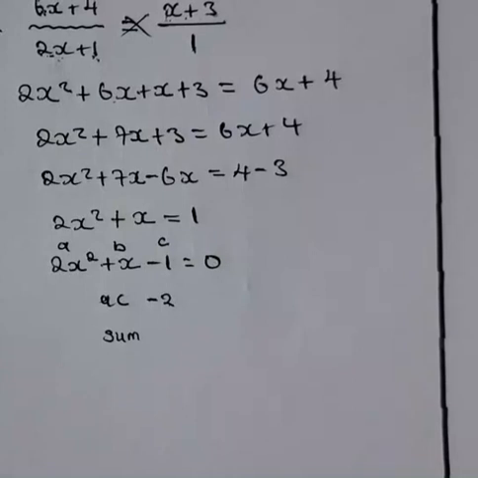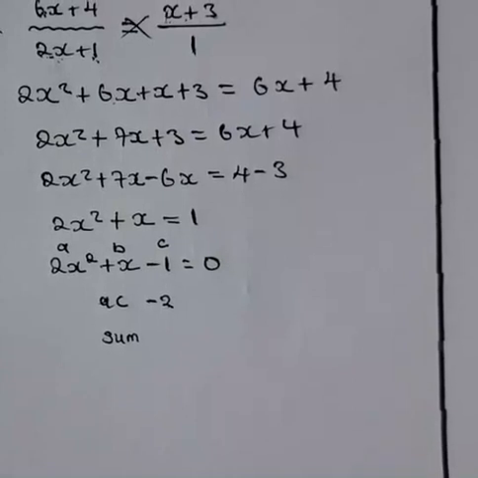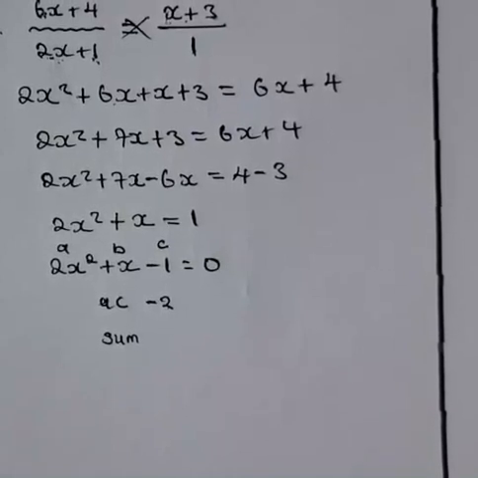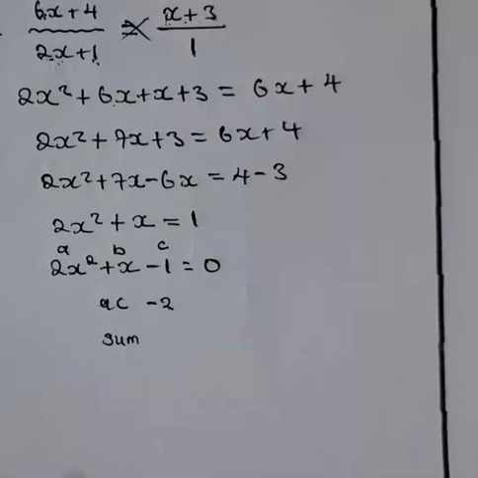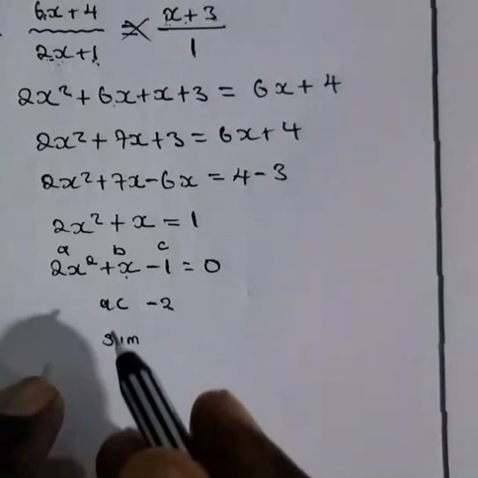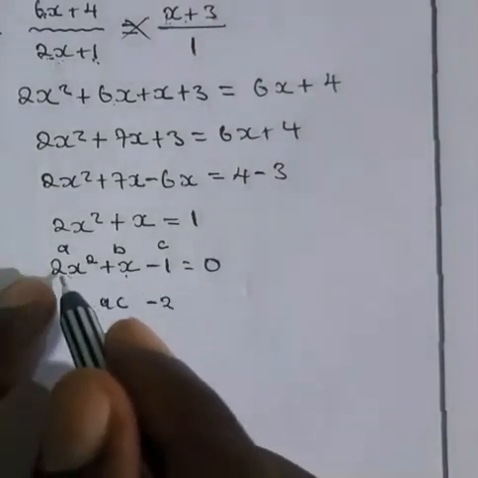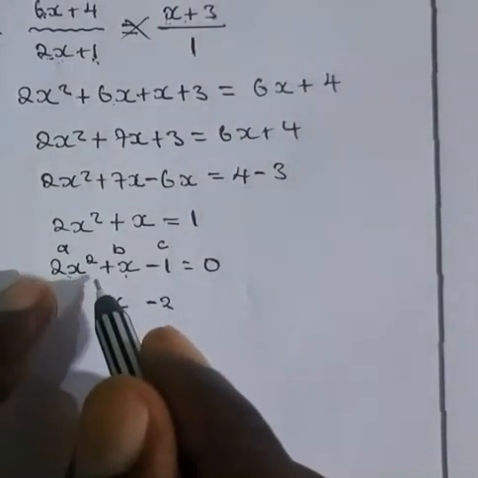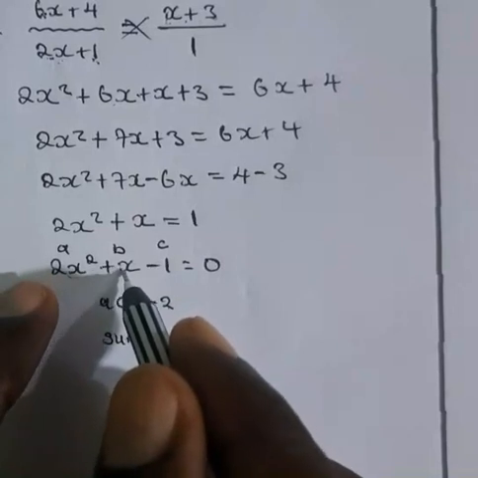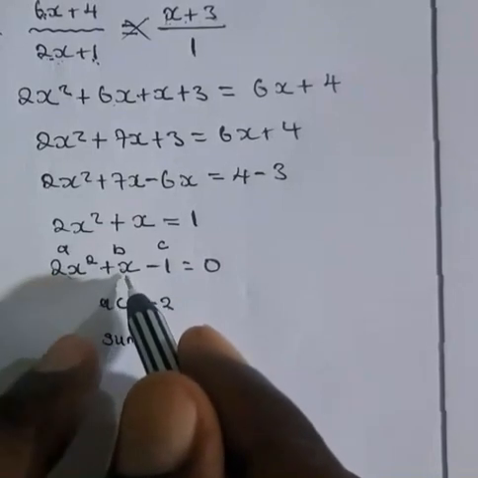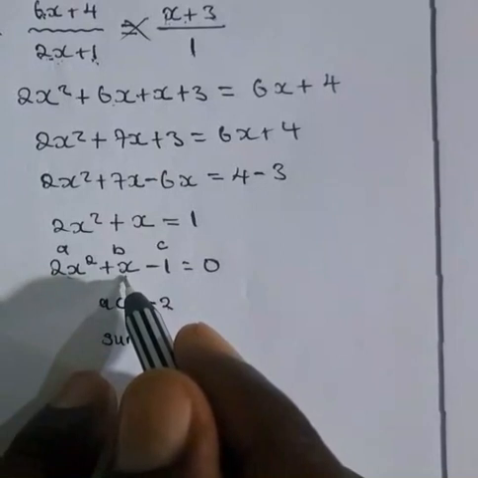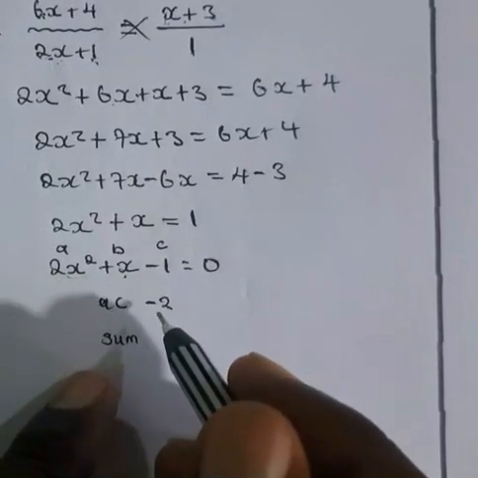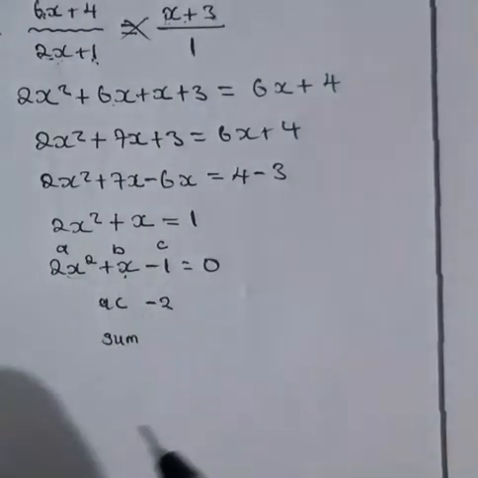It's right there. It's 2 and negative 1, because 2 times negative 1 is negative 2, right? And then when we say 2 plus negative 1, we're going to get 1. So we're going to rewrite this same equation, but where there is B, we're going to put positive 2x minus x, because it's just the same.